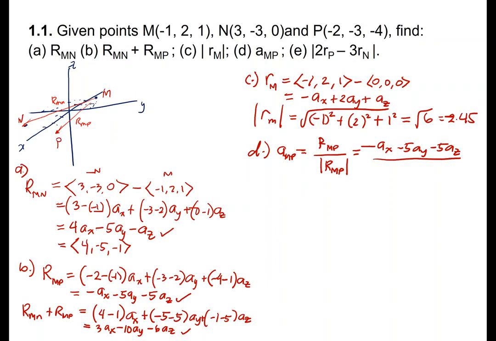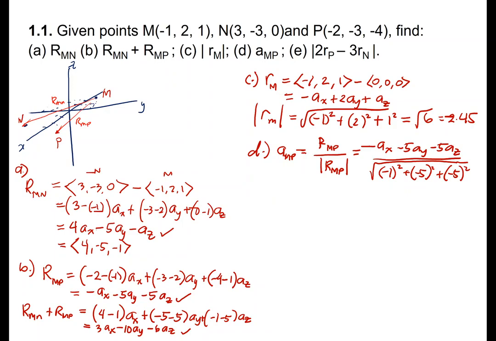So that's the square root of negative 1 squared plus negative 5 squared plus negative 5 squared. So this is 1 plus 25 plus 25, which is 51. The square root of 51.